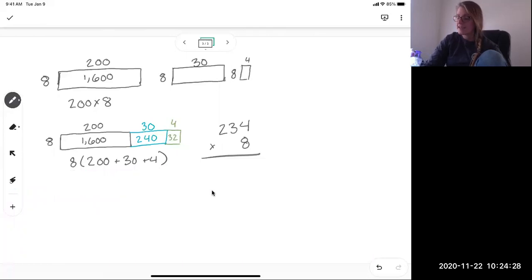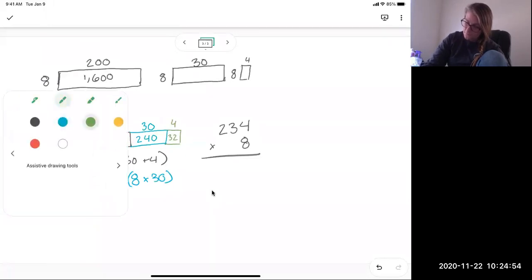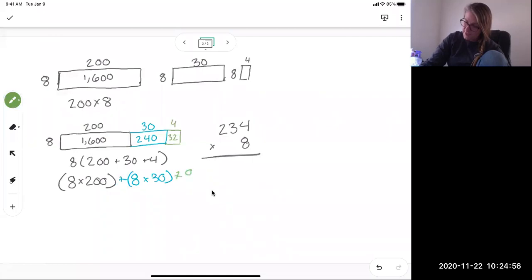And looking at my area model right here, our rectangles put together, I would get the same thing if I did 8 times 200 plus 8 times 30 plus 8 times 4.